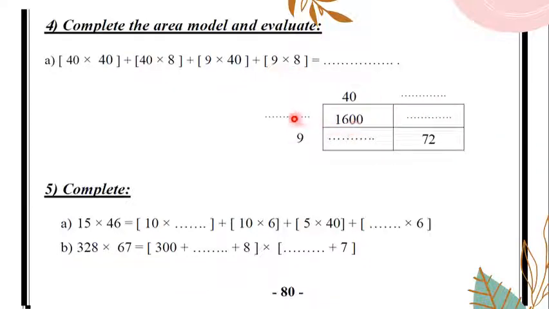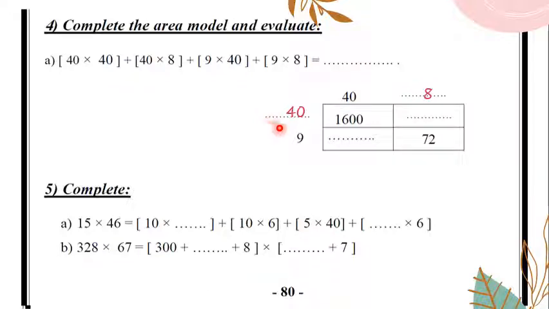Here we have a missing number that I multiplied by 40. Let's see. The missing number here is, yes, 40. As you see here in the distribution, 40 times 40. Then 40 times 8. So the missing number here is 8.